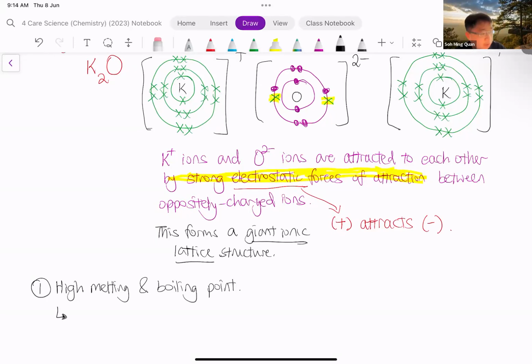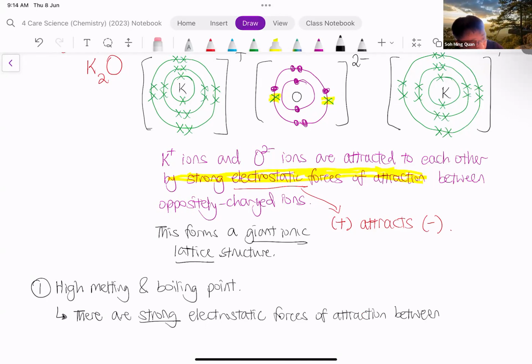So in ionic compounds, there are strong electrostatic forces of attraction between the oppositely charged ions. So stating the forces of attraction is the key to explaining how melting and boiling point will work.